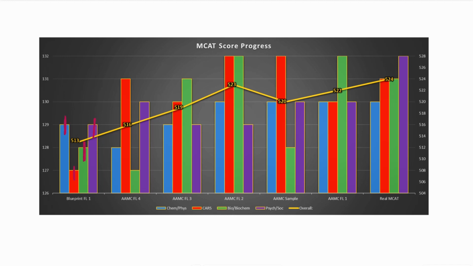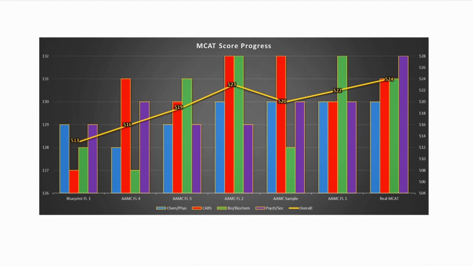These colors represent each of these 4 sections, and I graphed them out. This line over here represents the overall score, and you can see the overall score is going up. This is roughly the order that I took these tests in. I took some tests before this, but this is really when I started doing full lengths toward the end of my studying.